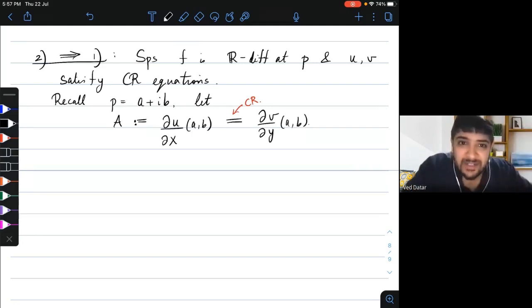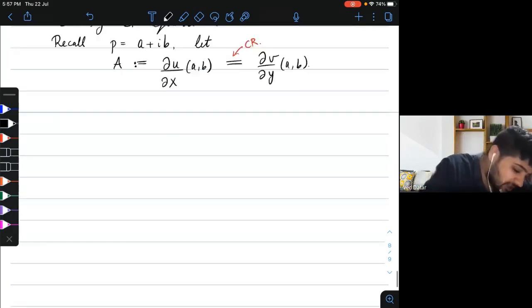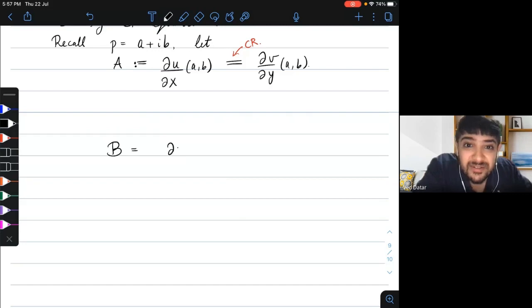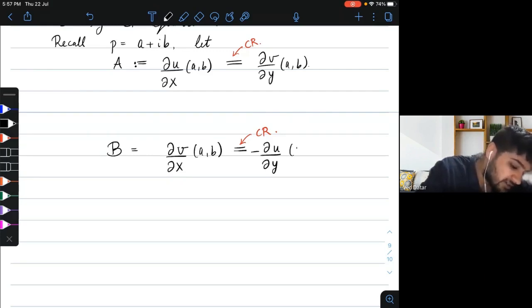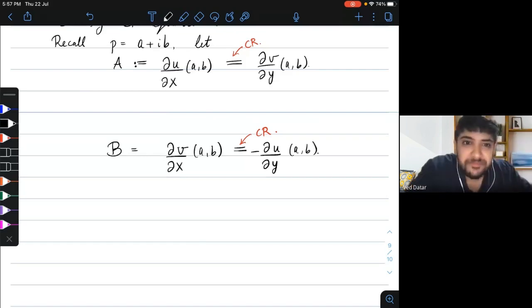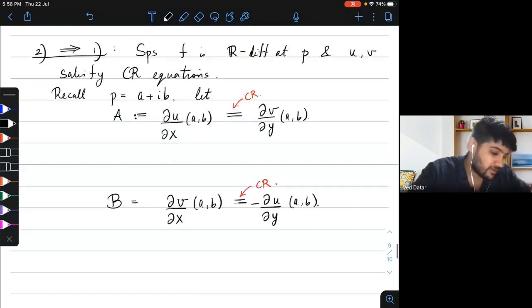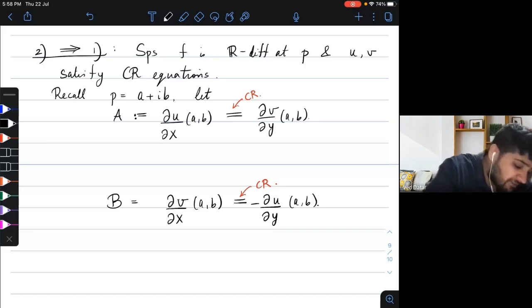I'm going to call that number capital A. Similarly, I'm going to call this number capital B, which is del v by del x at (a, b). But again, by the Cauchy-Riemann equations, this is the same as del u by del y with a negative sign.